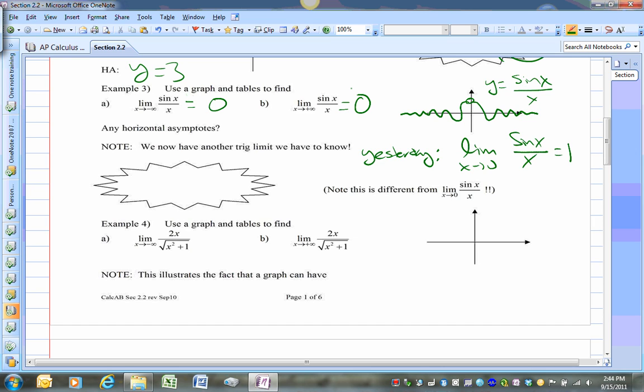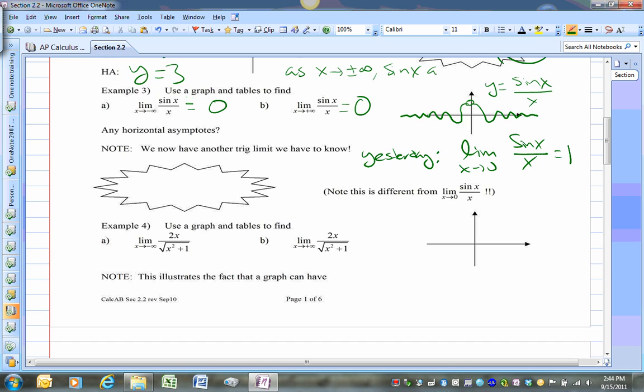Now if you think about it, as x approaches plus or minus infinity, sine x actually alternates.